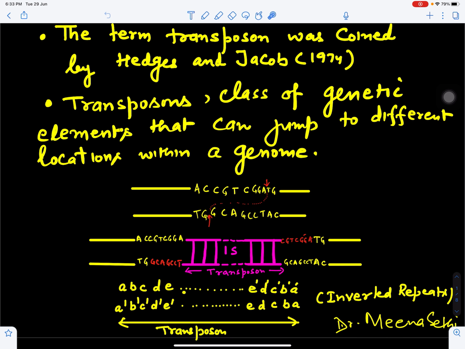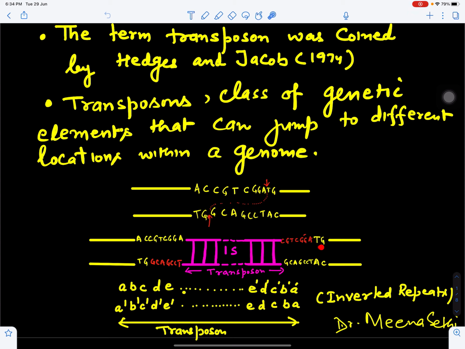Now we'll explain. This is a transposon, also called IS, which means insertion sequence. Now this is the DNA where it will get integrated. Supposing at this place, this insertion sequence is being integrated into this DNA genome, and from here on the lower strand, at this place. So we can see when this gets inserted into the DNA, we can see the yellow sequence.